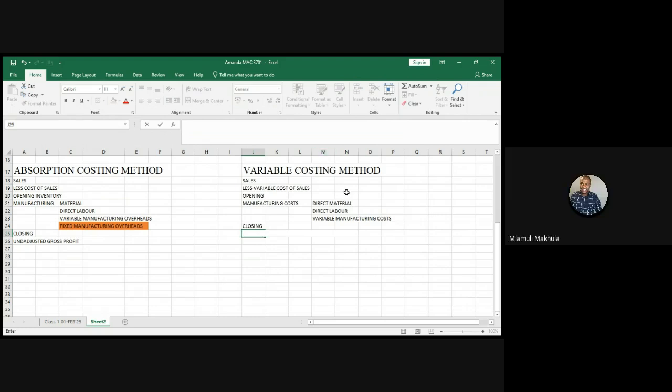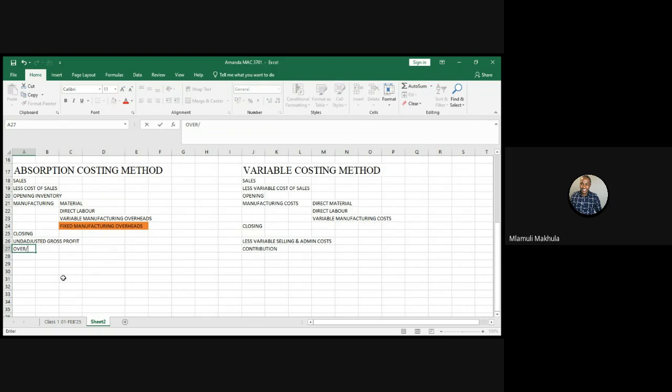And then after that answer, you will say less variable selling and admin costs, and that's when you get your contribution. It's contribution towards fixed costs, because you can see here on top, we don't have any fixed costs.